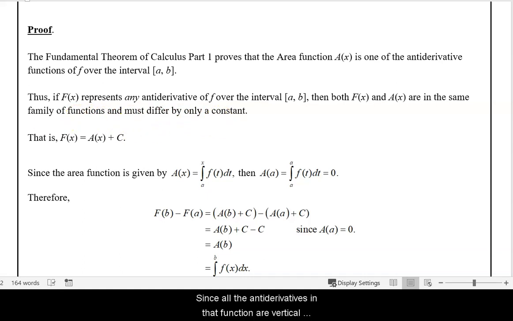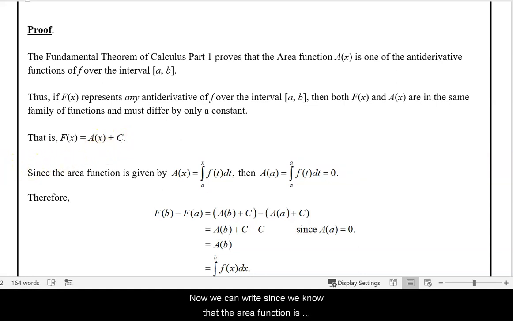Since all the antiderivatives in that family are vertical translations of one another, up or down by a constant, this implies that we could write any of the antiderivatives, uppercase letter F, as the area function plus some unknown constant represented by the letter c.